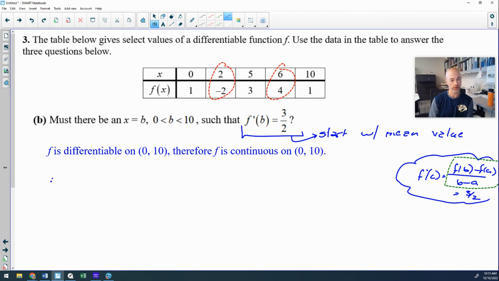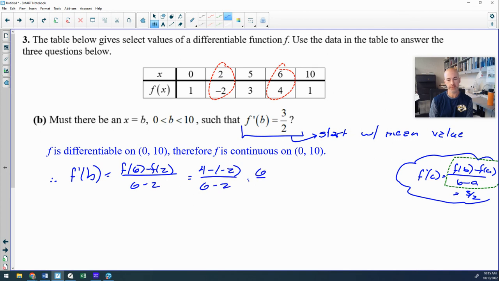So I'm going to say, therefore, f prime of b would equal, and I know I said we're differentiable and continuous on 0 to 10, but we can use these points that are inside that interval, f of 6 minus f of 2 over 6 minus 2, which is 4 minus negative 2 over 6 minus 2. That is 6 divided by 4, which does indeed equal 3/2, and that is sufficient.